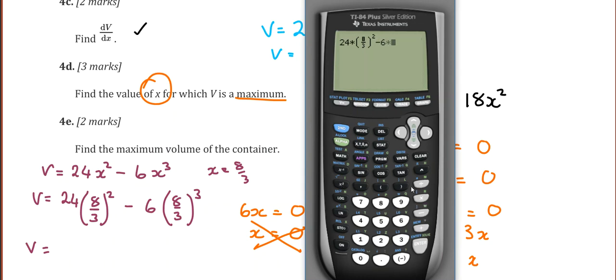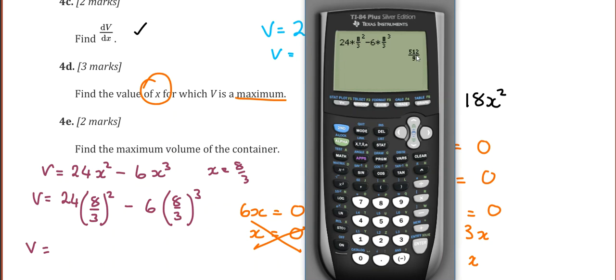Minus 6 times, just to show you we get the same thing, so whatever you fancy doing, 8/3 to the power of 3, and get enter. But this time I get it as a fraction, because I put fractions in. Right? 512 divided by 9.